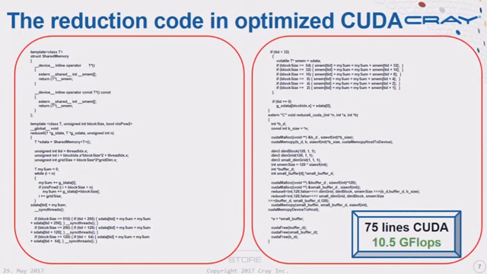I know it's far too small to read, but just to give you an idea. With more tuning, you end up with maybe 50 lines, but your performance is significantly improved by a factor of 5. In contrast to the original CPU version, we now have 10 gigaflops, which is quite nice, but you have to put a lot of effort into porting your code to CUDA.